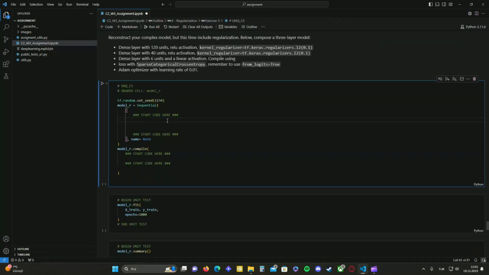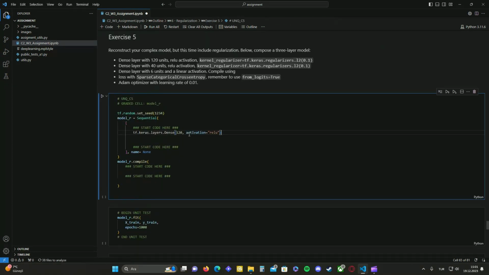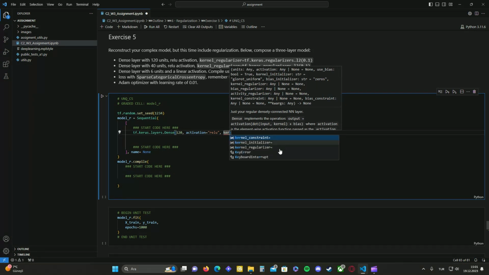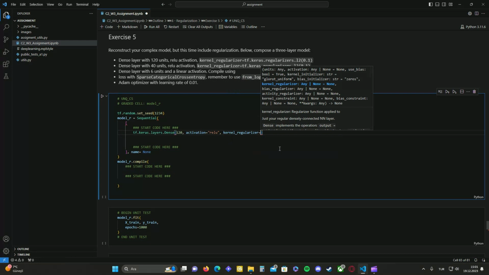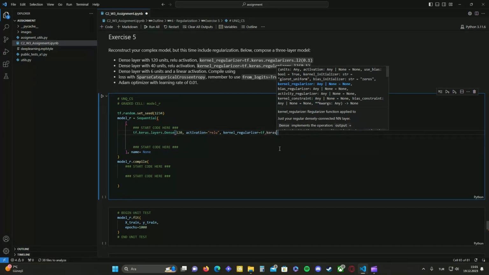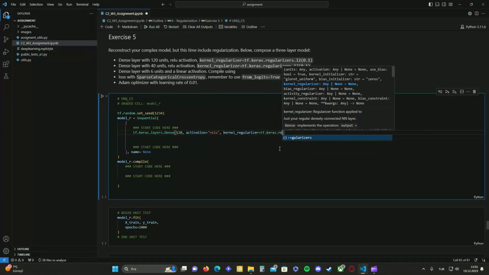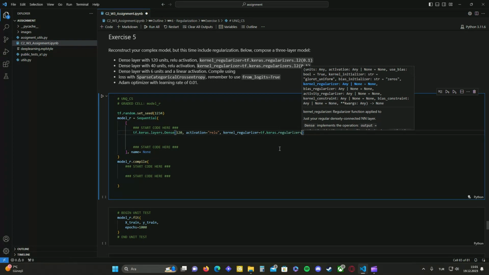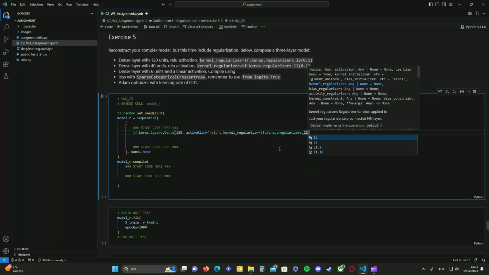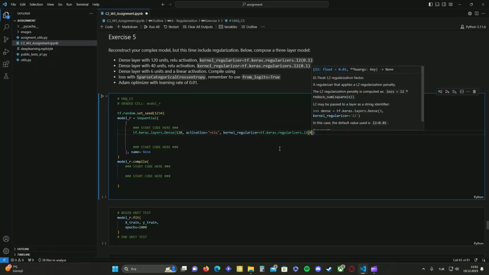And again, ReLU, and we will use kernel regularization, tf class, L2, 0.1.